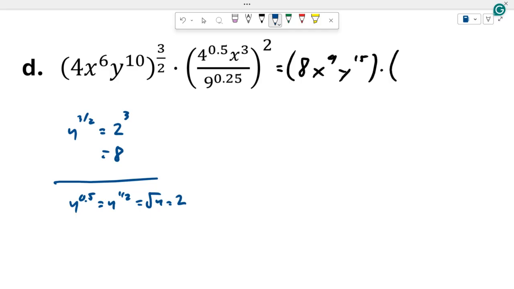So that 4 to the 0.5 is a 2, but then we're squaring it. We're squaring this piece, which is 2, and I square that 2, and I'm left with 4.